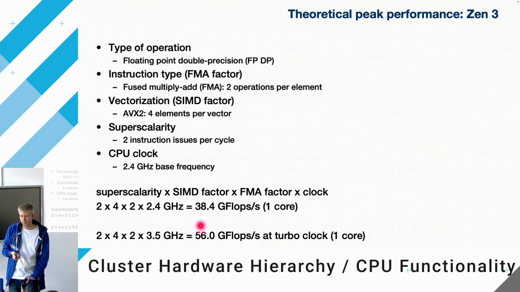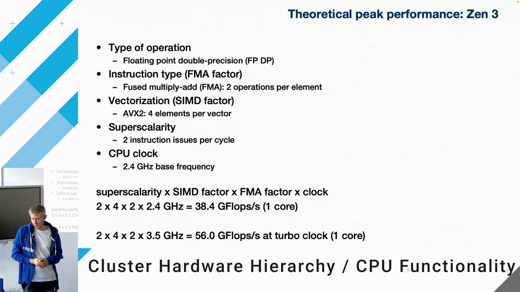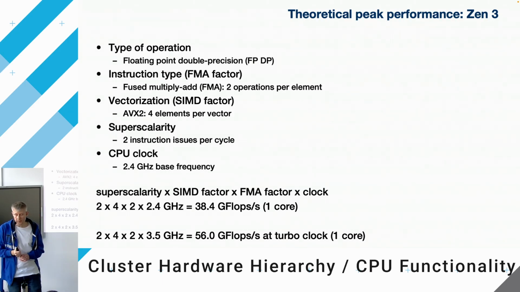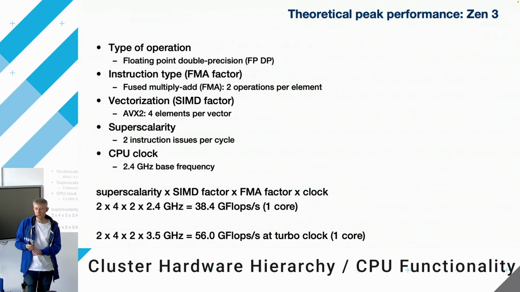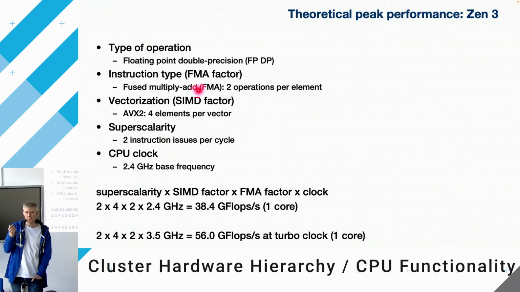And if we look at the turbo clock, if you're only using one core, then we could calculate 56 gigaflops. Now this is the theoretical peak, and you will only achieve this if your program is basically just these types of instructions, and if all the memory requests are perfect and the pipeline is always full.